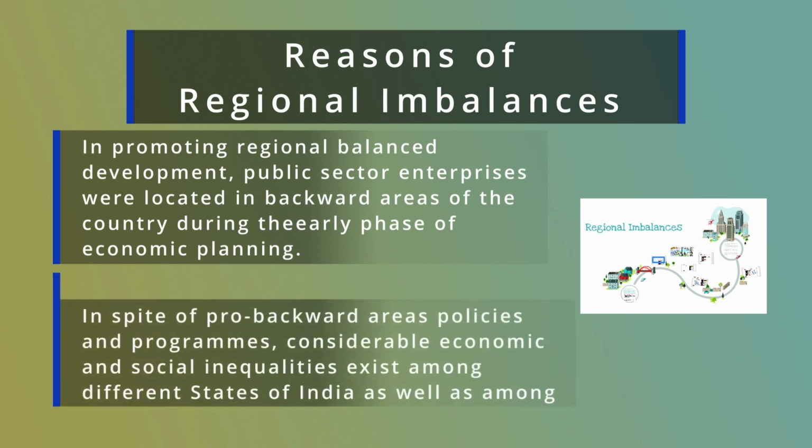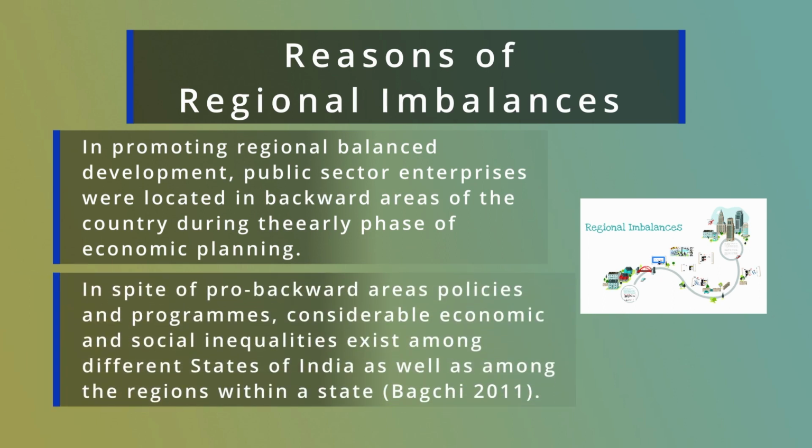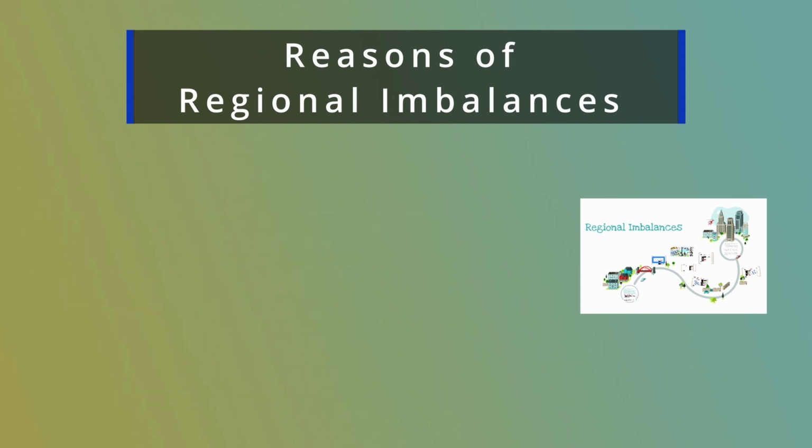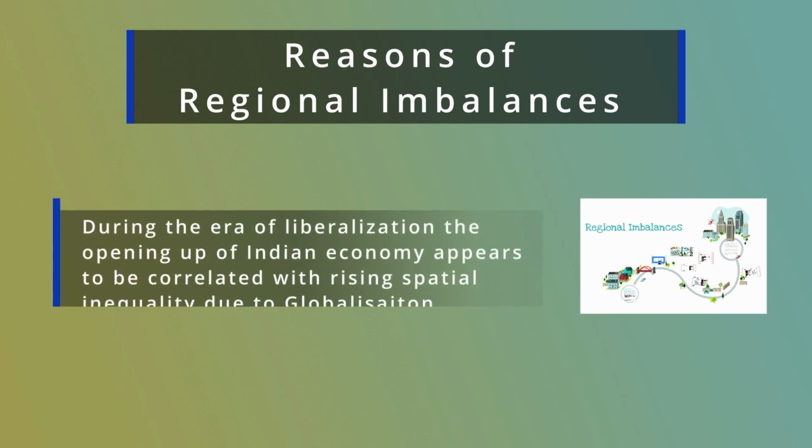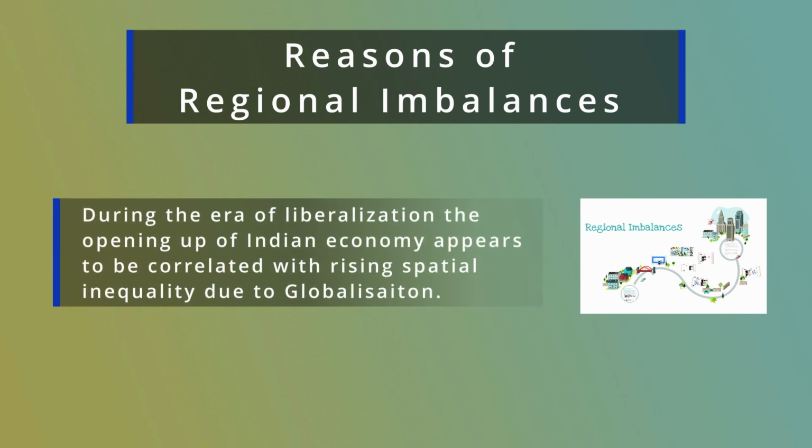But despite these policies and programs, the states in our country are widely varied in respect of different economic and development indicators. We will discuss this variation of development indicators, specifically economic development indicators, across states of India.